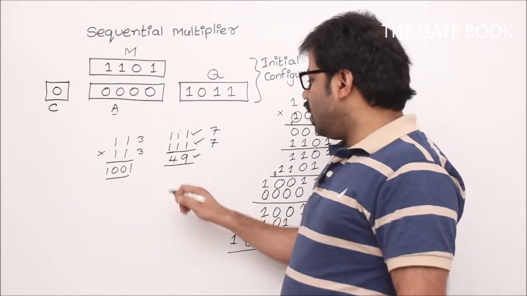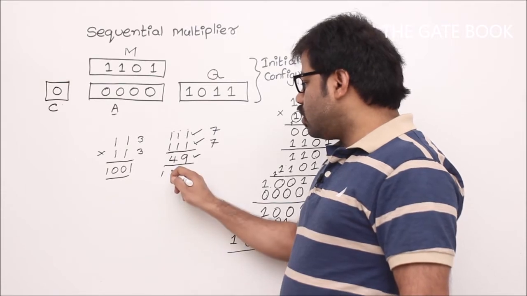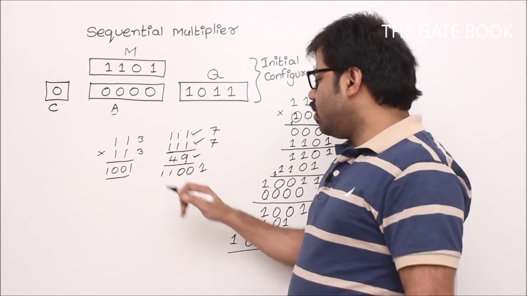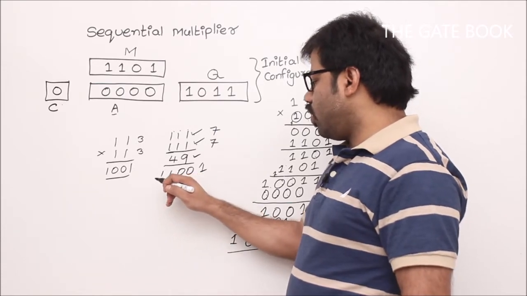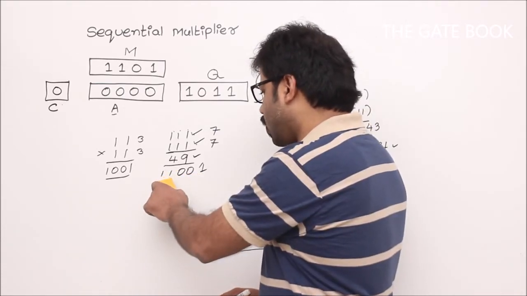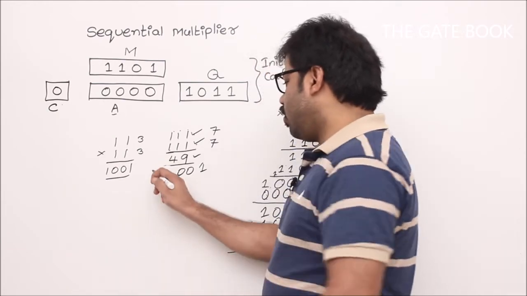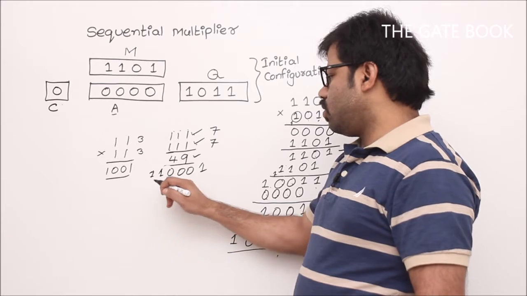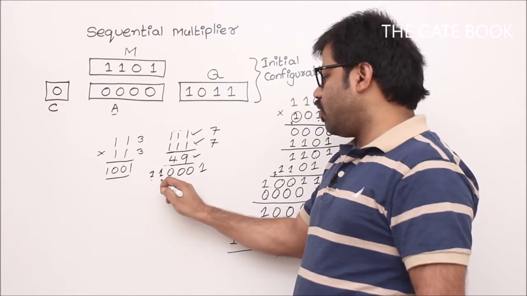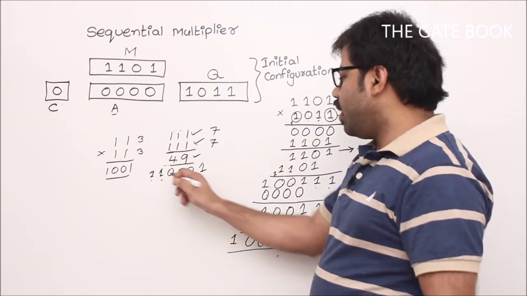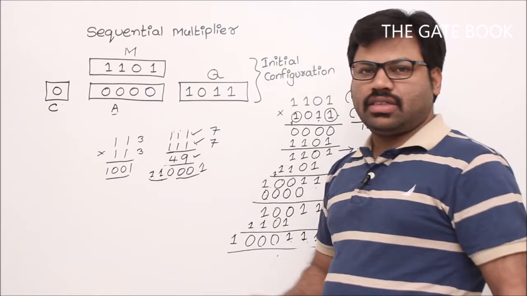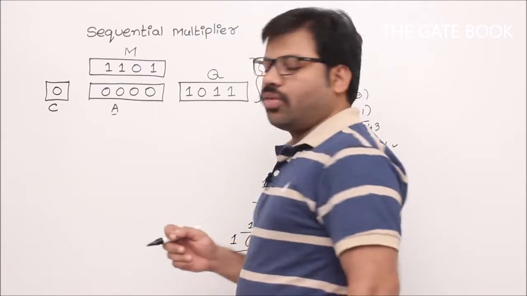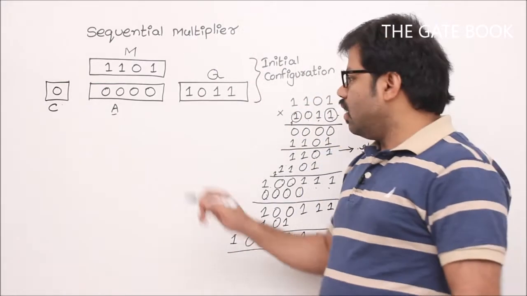So 49 is nothing but 32 plus 16 is 48, plus 1. So 110001. See, 0, 1, 2, 3, 4, 5, 32, 16, 48 plus 1, 49. That means how many bits are required? 3 plus 3, 6.